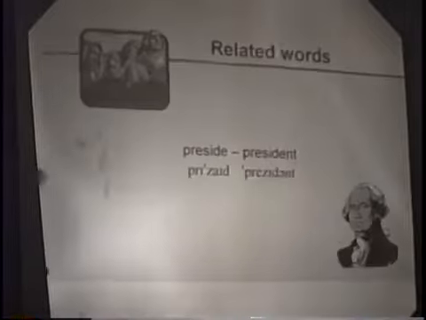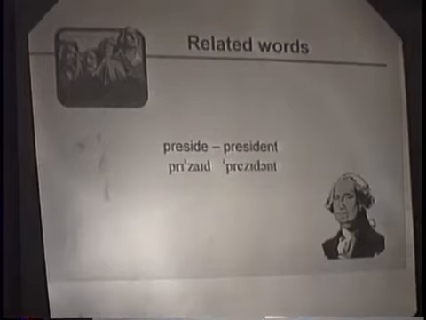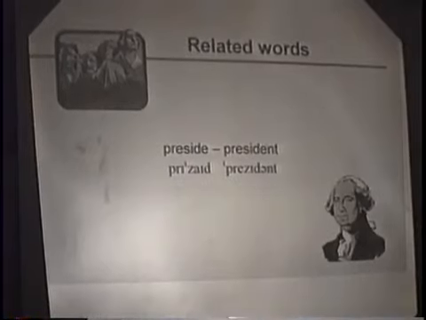And another one that you've got on your handout, there's some pictures for it, preside and president. In the verb we've got I in preside. Now we've got a weak vowel in president. Well, you can see that this is good evidence, therefore, for recognizing weak vowels which are in some sense derived from strong vowels.